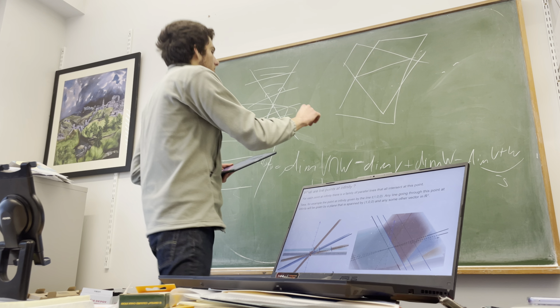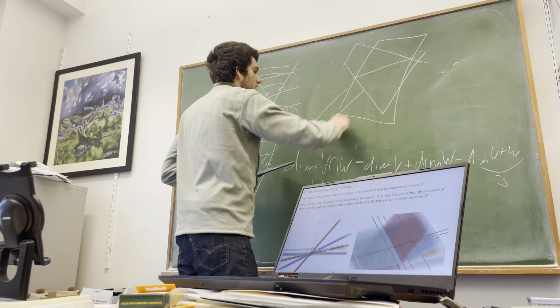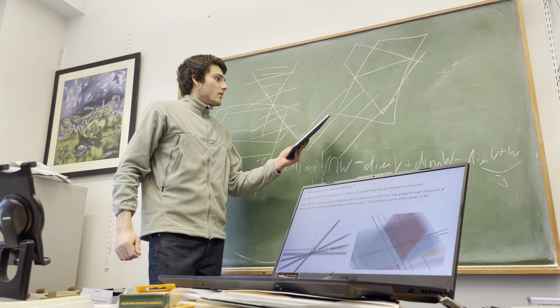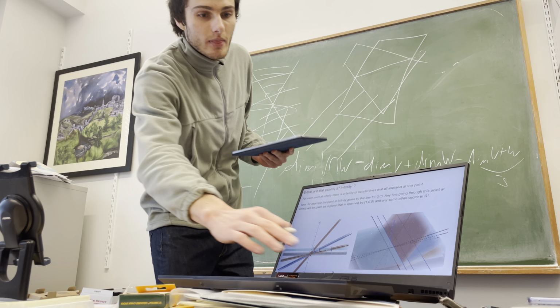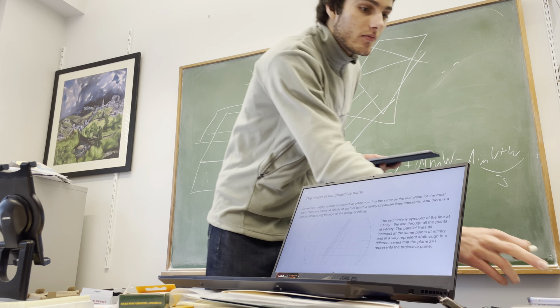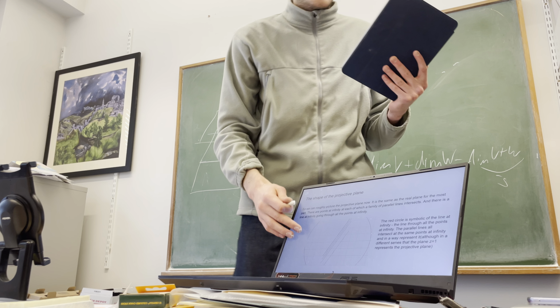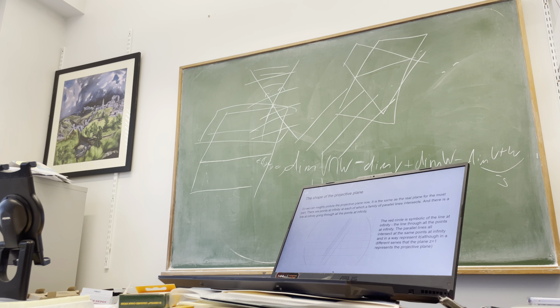And so the parallel lines in the projective plane all meet at one point at infinity. And so we can infer the shape of the projective plane with this idea, right? It's roughly something like this.